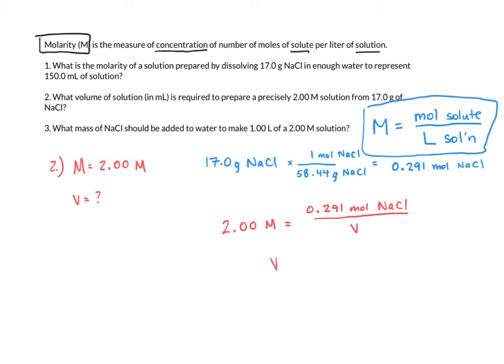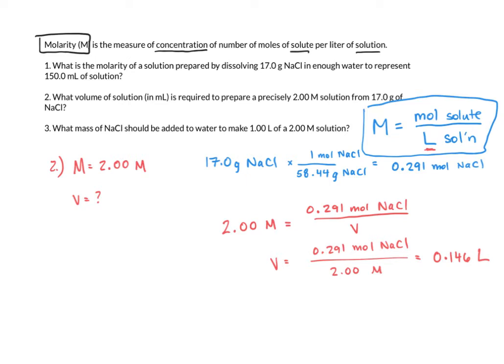I can rearrange this equation by multiplying both sides by volume and dividing both sides by 2. What I end up with is this, 0.291 divided by 2, which to 3 significant figures gives us 0.146 liters, because volume is measured in liters when we calculate molarity.